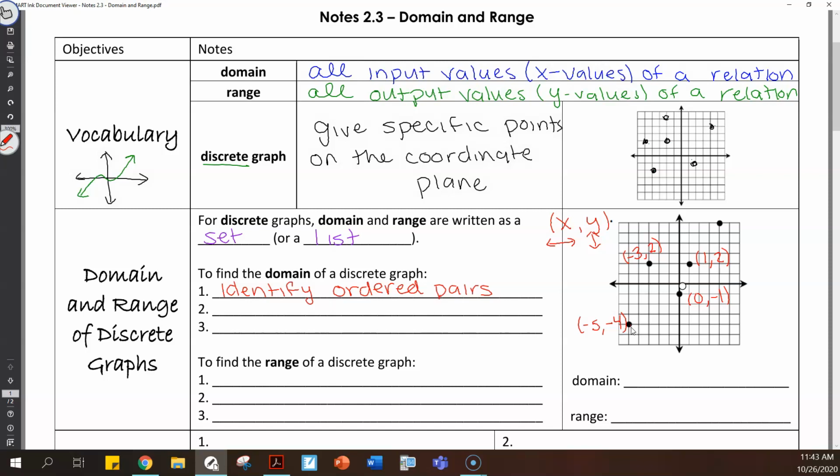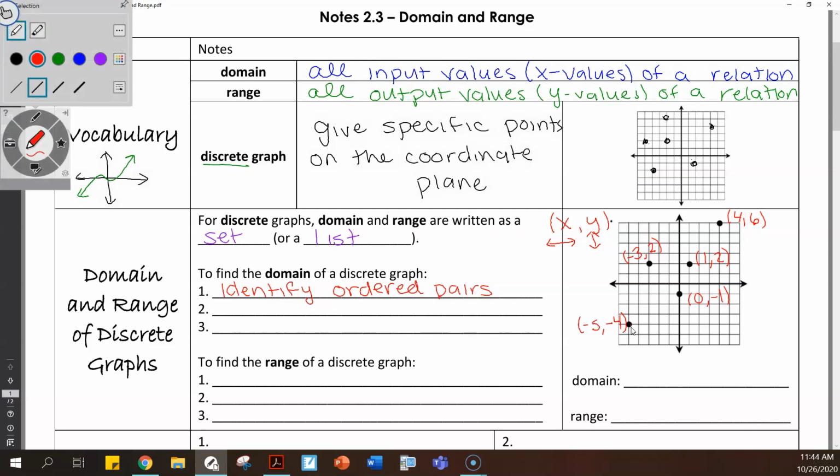And lastly, I'm going to go 1, 2, 3, 4, and 1, 2, 3, 4, 5, 6. So 4 to the right gives me +4, and 6 up gives me +6. So now I've identified the ordered pairs for each of these. When I'm finding the domain, my next step is going to be to identify the x value, or the input value, of each ordered pair.